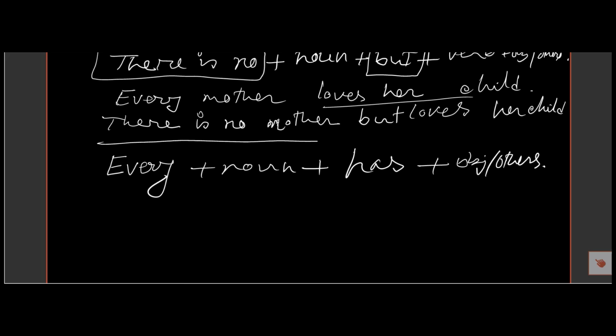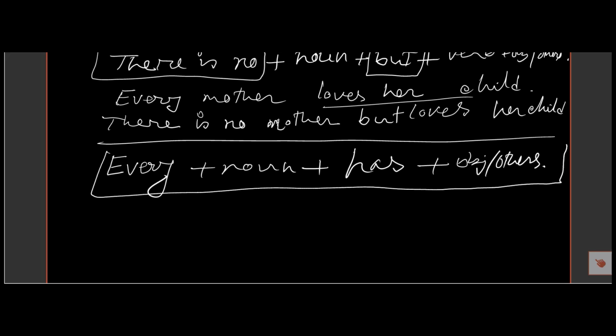This is another affirmative sentence structure. If there is has as the verb, and before the has there is a noun and every, the structure is every plus noun plus has plus object.